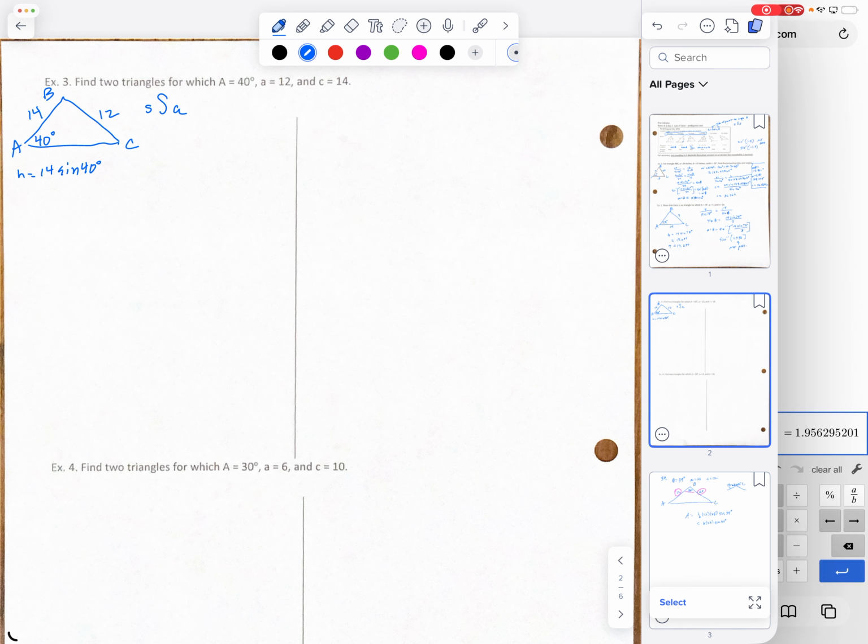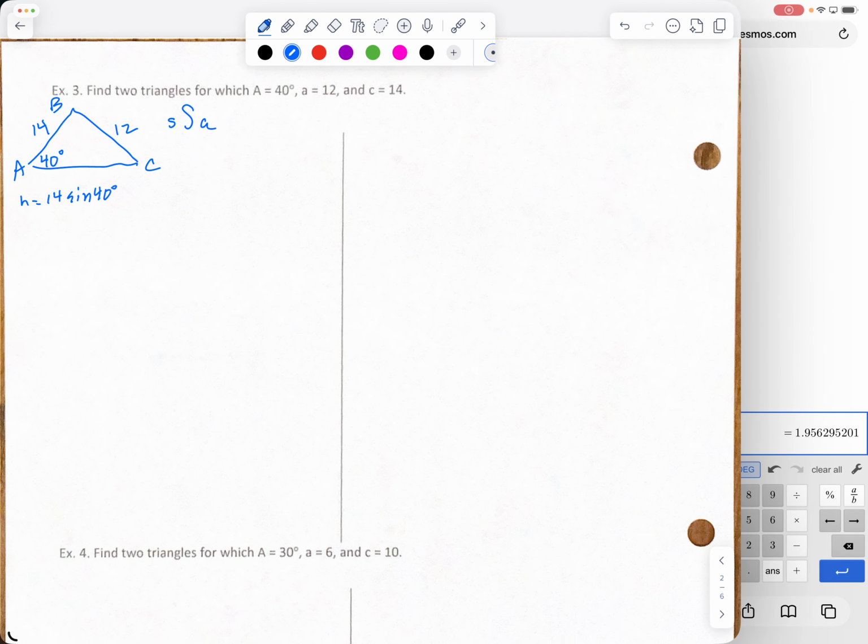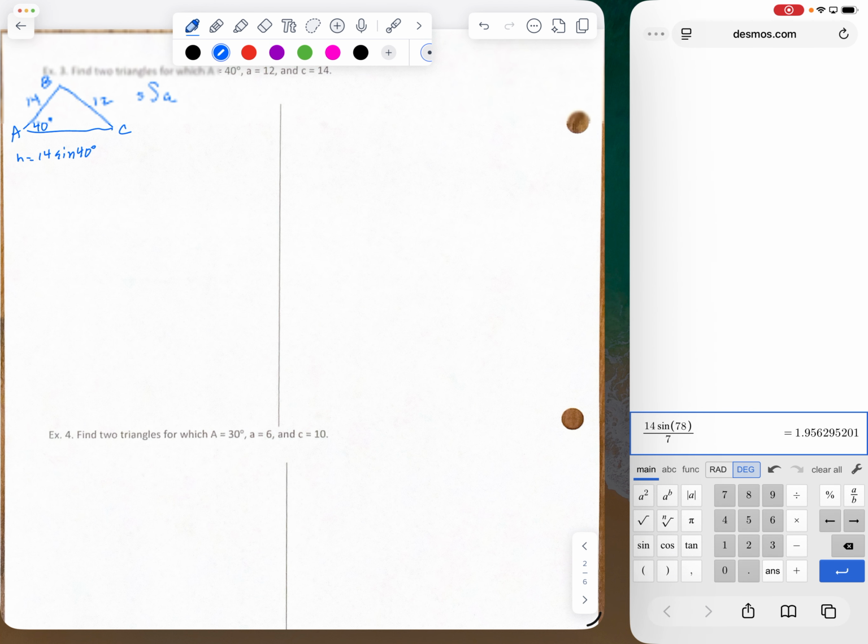So anyway, we clear and we have the inverse sine of 14 sine 40 divided by 12. And so there's my measure of angle C. Don't get rid of that quite yet.